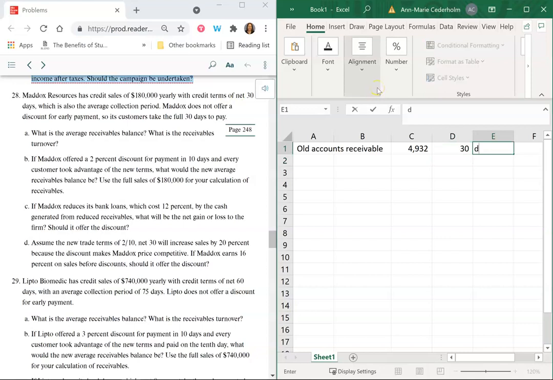So I'll do 30 days. Then I can take the daily sales, $493.2, and multiply that by 30.